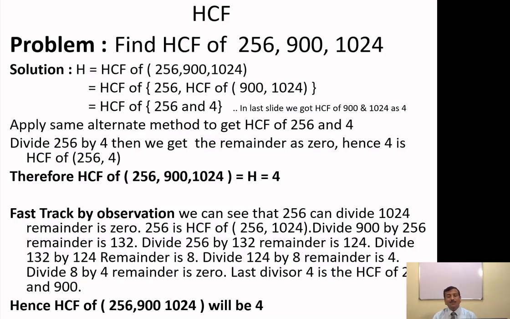The last divisor 4 is the HCF of 256 and 900, and hence the HCF of the 3 numbers 256, 900 and 1024 will be 4. Perhaps with this most of the concepts of LCM and HCF are clear by the normal method and the alternate method.